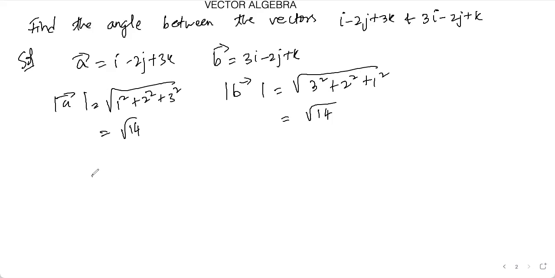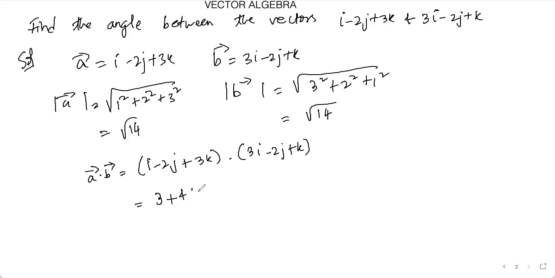Now let us find what is A dot B. So which is i minus 2j plus 3k dot 3i minus 2j plus k. So which results to 3 plus 4 plus 3, which results to 10.